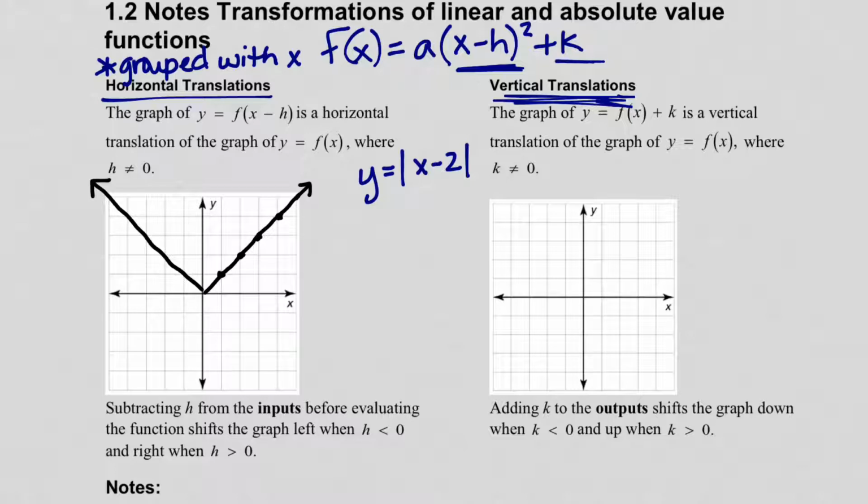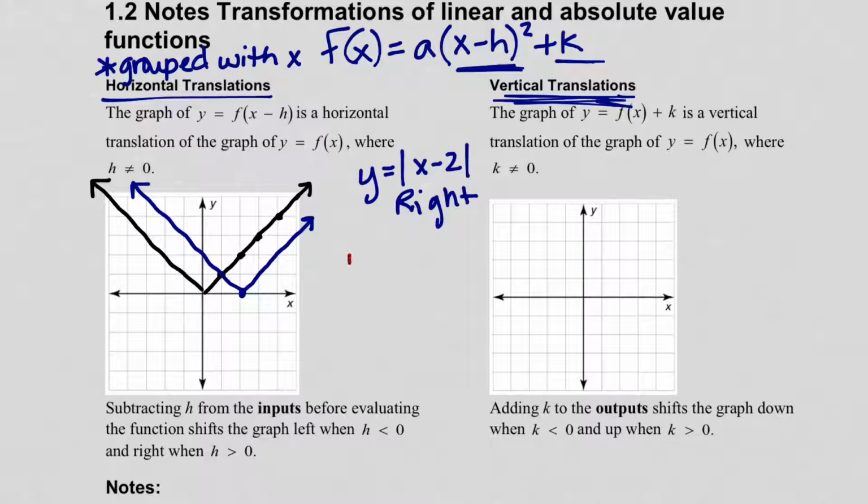Now if I want to look at this one now, like we said, instead of moving left 2, it's actually going to go right 2. So I just take this whole function and I'm going to shift it right 2. So instead of starting at 0, 0, I'm starting to the right 2, and then I still go up by 1. It's hard for me to hit those. It's kind of wavy. There you go.